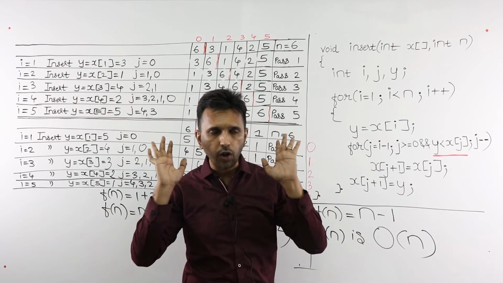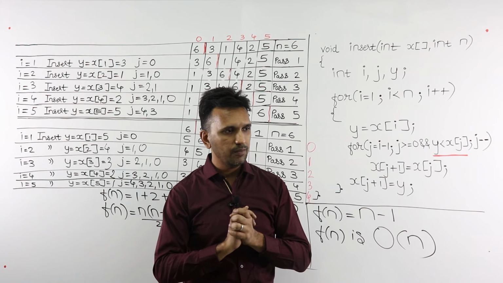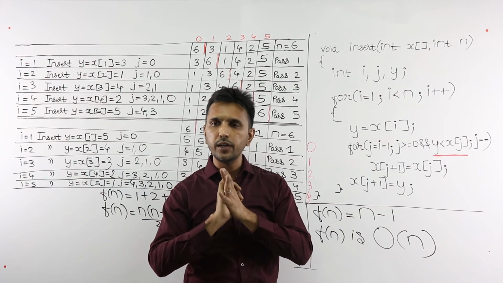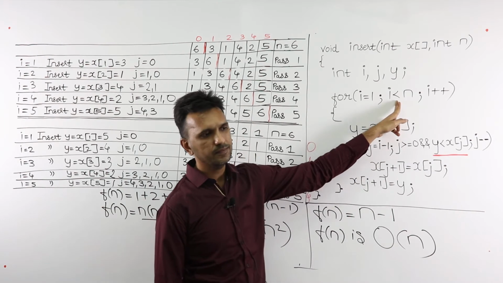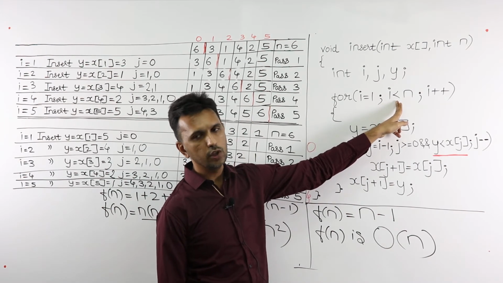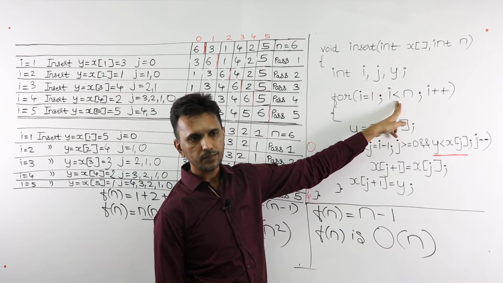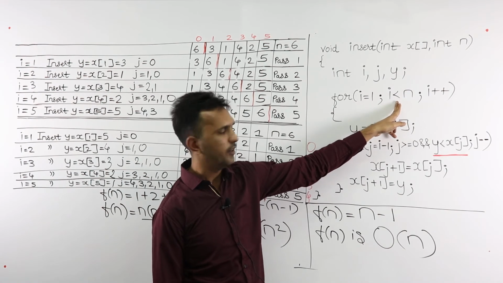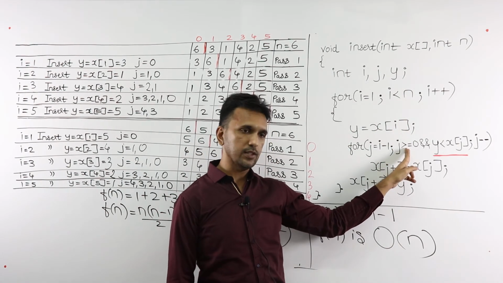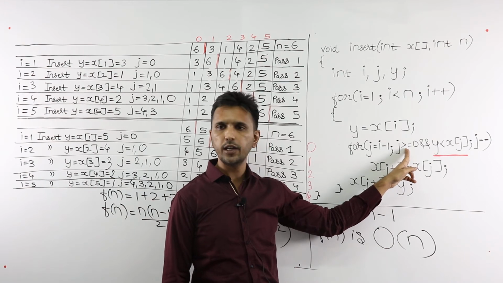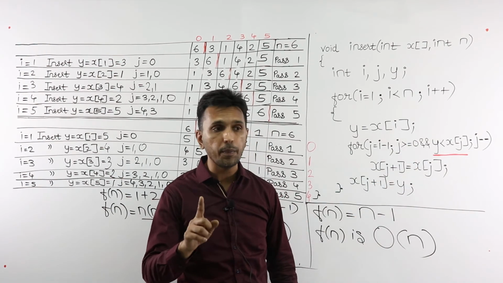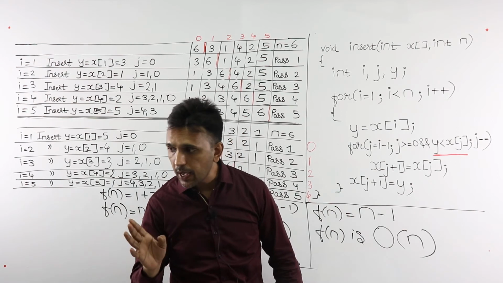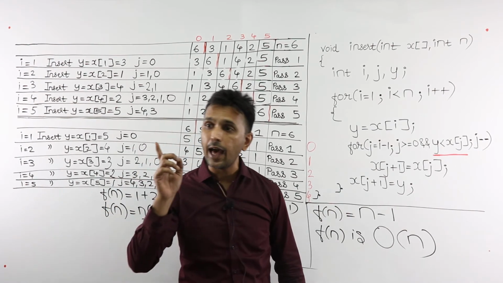So, now listen to this carefully. In any non-recursive sorting algorithm, the comparison will be a critical operation. But wait, is this a comparison? Yes. So, this is also a critical operation? No. Listen. This is a comparison, but this is not a critical operation. So, which comparison is a critical operation?